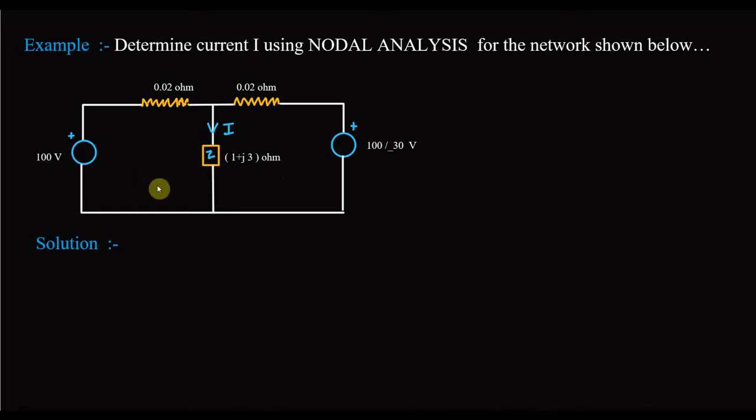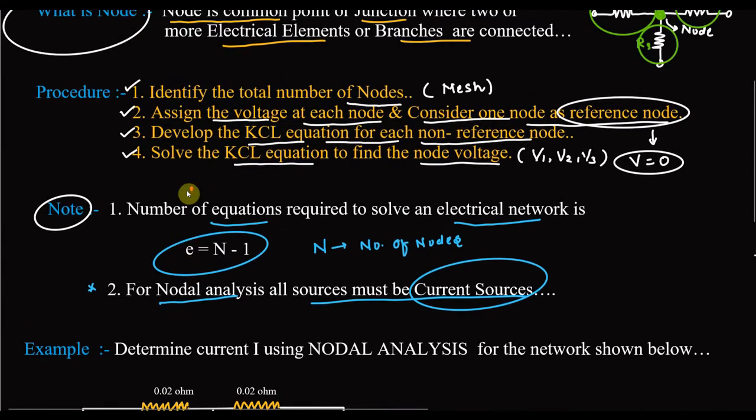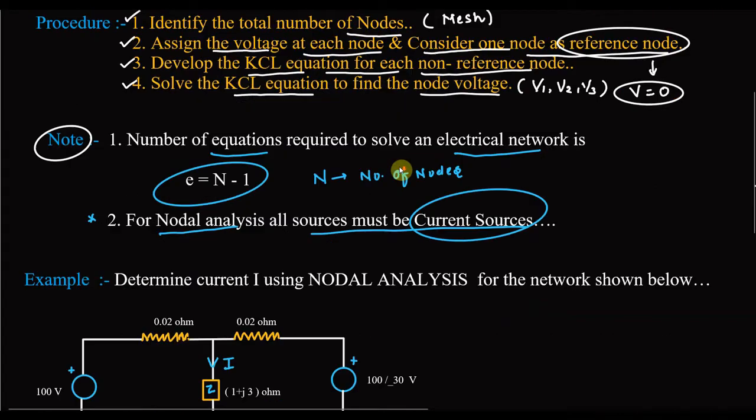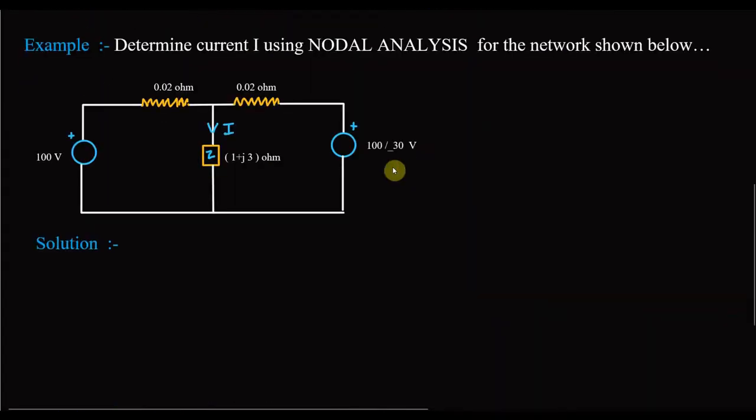Just as we discussed, when we solve using nodal analysis, what is the first step? The first step is to identify the total number of nodes, that is, find how many nodes are there. But before that step, you can see that this 100-volt source is a voltage source, and there is another source, 100 at an angle of 30, which is also a voltage source.